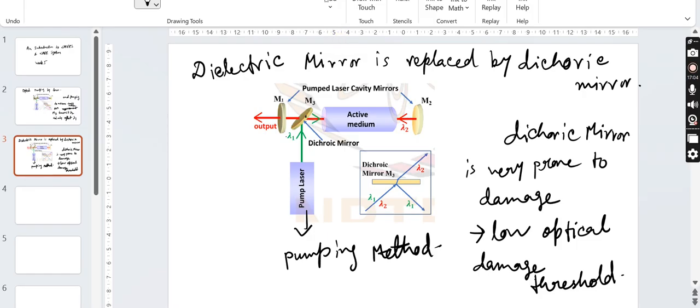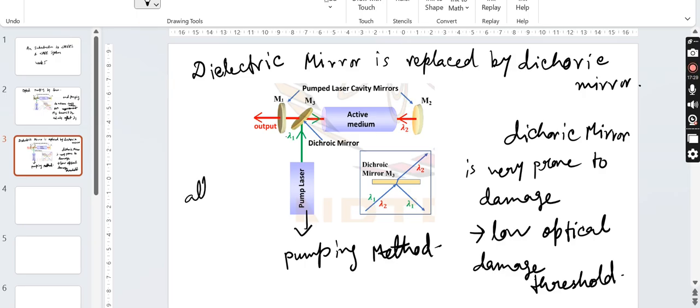So the cost of the laser building doesn't rise up. The dichroic mirror is very expensive to replace.